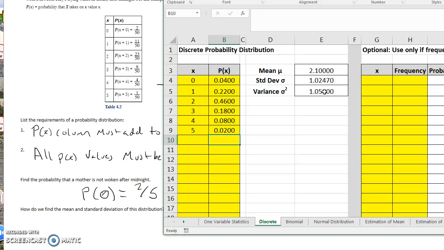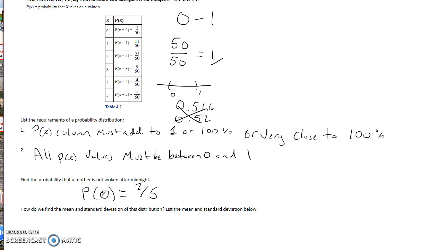So how do we find the mean and standard deviation? Well, those are provided to us right here. If we needed the variance, it's here for us, but we have a mean of 2.1 and a standard deviation of 1.02. So when we come over to our notes, it says, how do we find the mean and standard deviation of the situation? We use the discrete Excel tab.